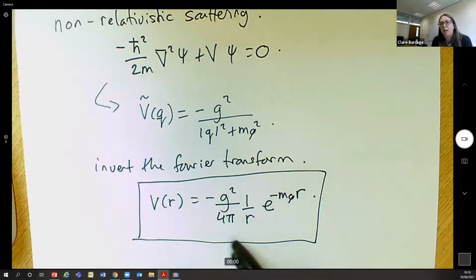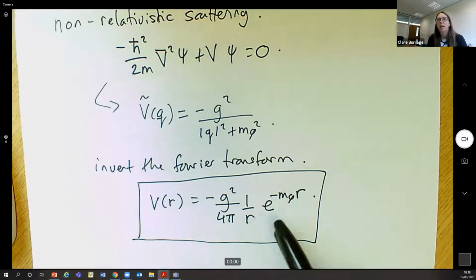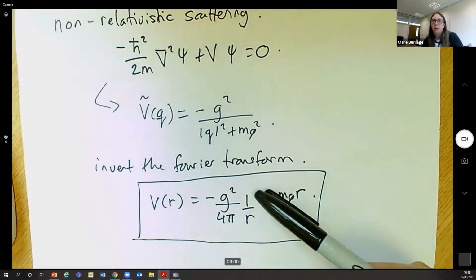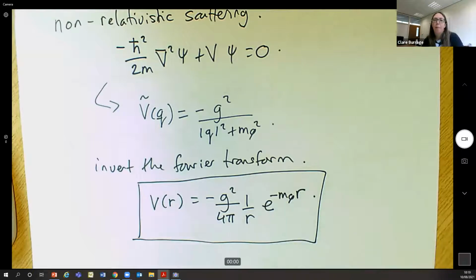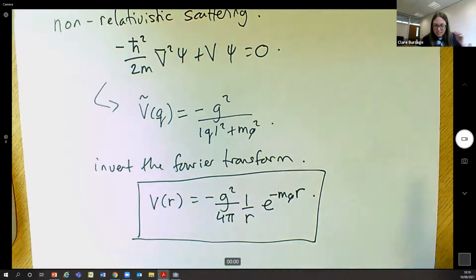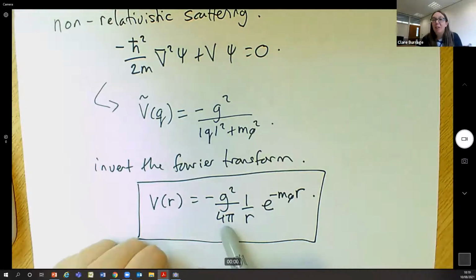Now, we can see that if the mass of our scalar field is very, very light, firstly, this becomes a long range force, and also that it looks very much like a gravitational potential.